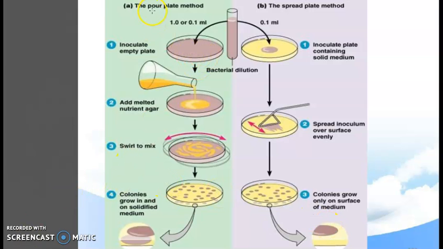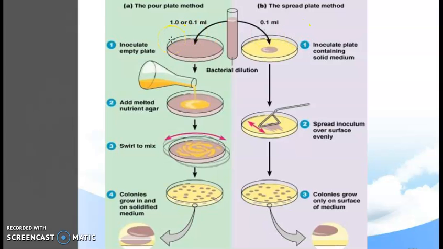So let's once again see the main difference between the pour plate method and the spread plate method. Both methods are used for the isolation of microorganisms. In pour plate method, 1 ml of the sample is used, whereas in spread plate method, 0.1 ml of the sample is used.